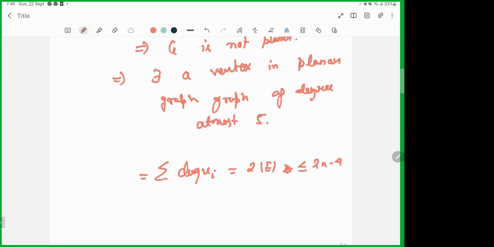If each vertex has degree 4, then the left hand side is 4n. So if each vertex has degree greater than or equal to 4, what does this say about the cardinality of E?